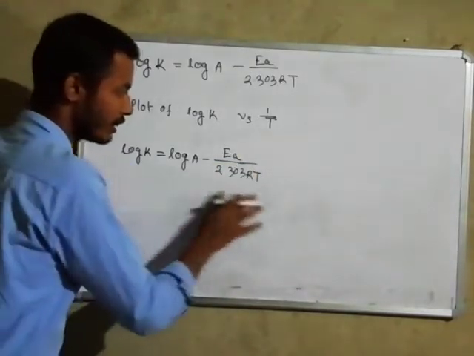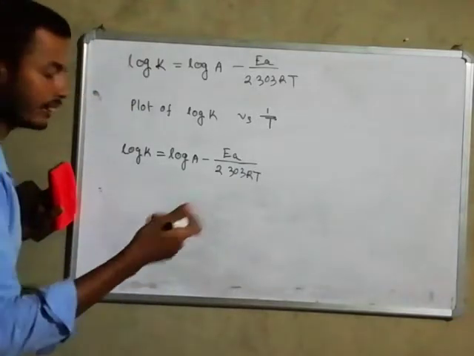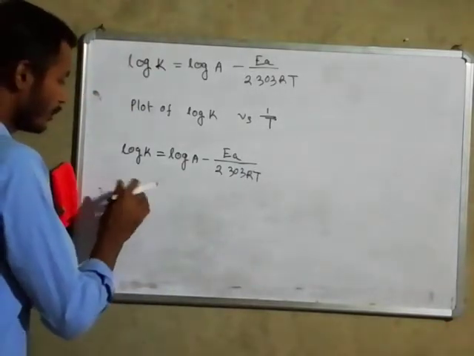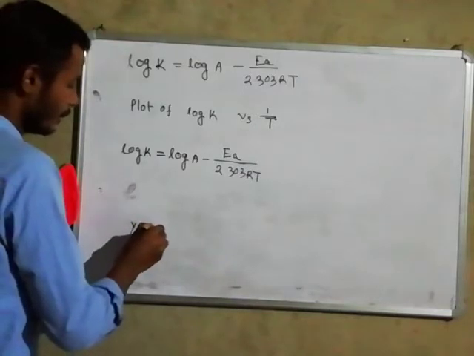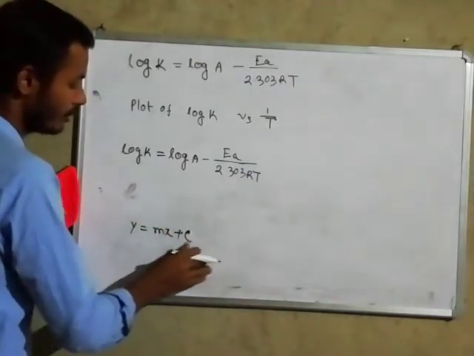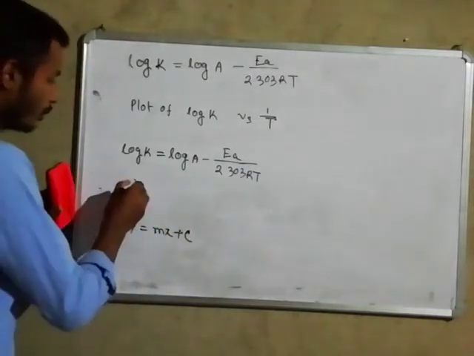So compare this equation with the equation of a straight line. What is the equation? Y is equal to mx plus c. This is the equation of a straight line. So this is y.